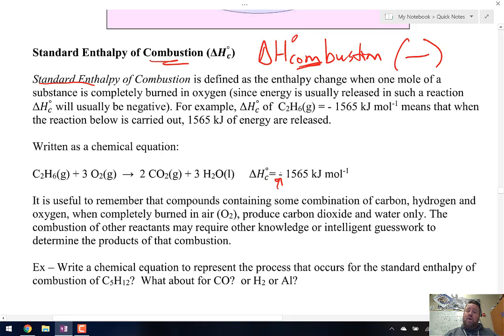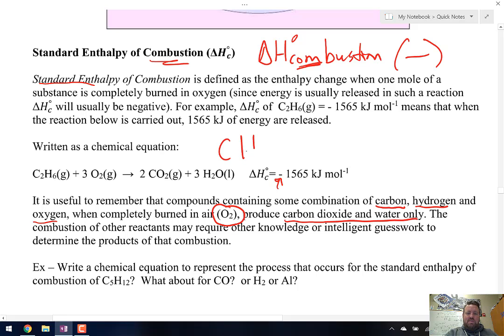Now remember what happens in a combustion reaction. If you're only talking about carbon, hydrogen, and oxygen, and they say air or something about air, you're not reacting with the air. Just like that previous example, you're reacting with O2. And more importantly, it doesn't matter what it is, you're always going to just produce carbon dioxide and water.